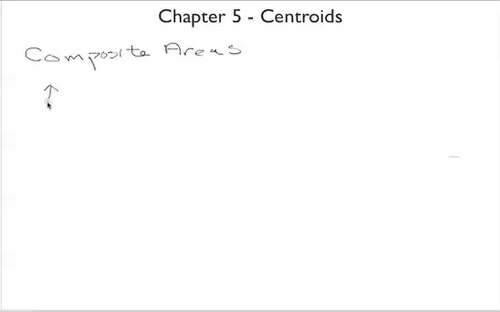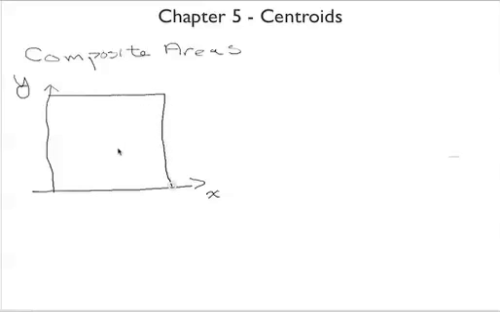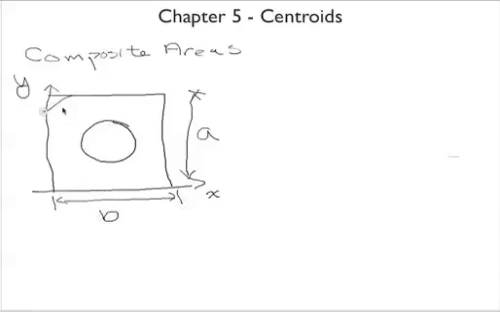So, for example, we could consider this 2D piece, x and y axis, made up of a square with two sides, length A and another side, length B, and then perhaps it has a hole. And so we've just got sort of this area right here.